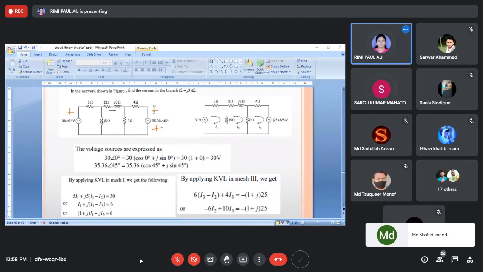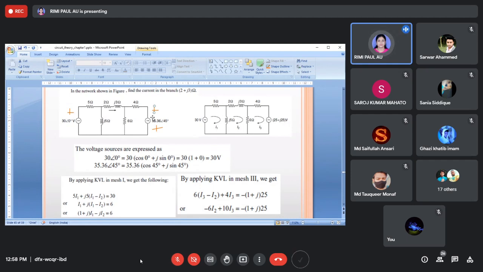Okay ma'am. So now this is the problem where the voltage source is given, this is the resistance, this is the inductance, this is the resistance connected to an inductance, that means an RL circuit, this is R, this is L, this is R, this is R, and this is a supply.